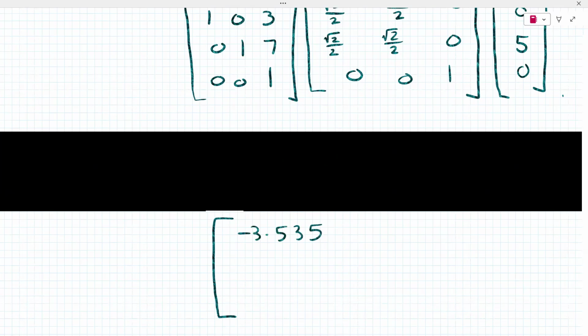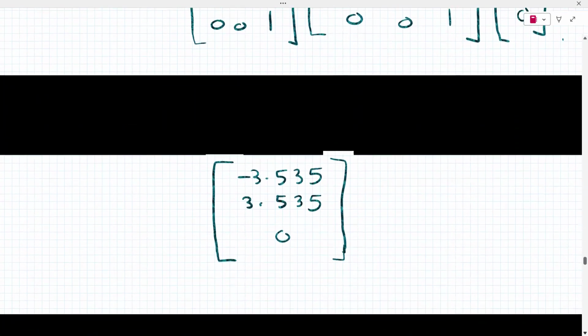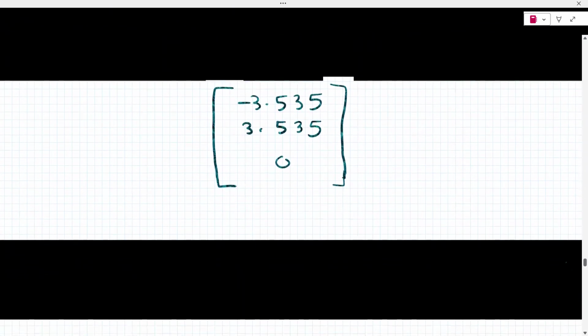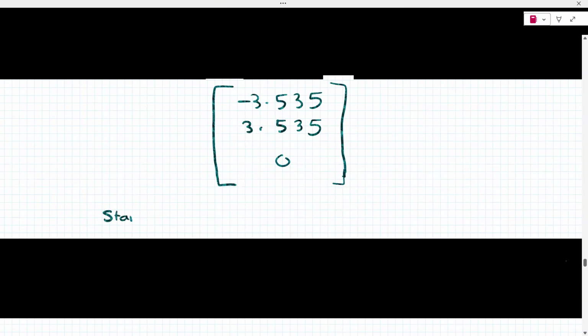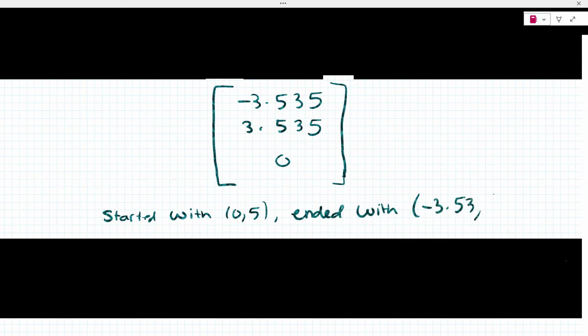Your y coordinate will be 3.535. Your z coordinate will be 0. Okay, so you started with 0, comma 5, and then you ended with negative 3.535, comma 3.535.